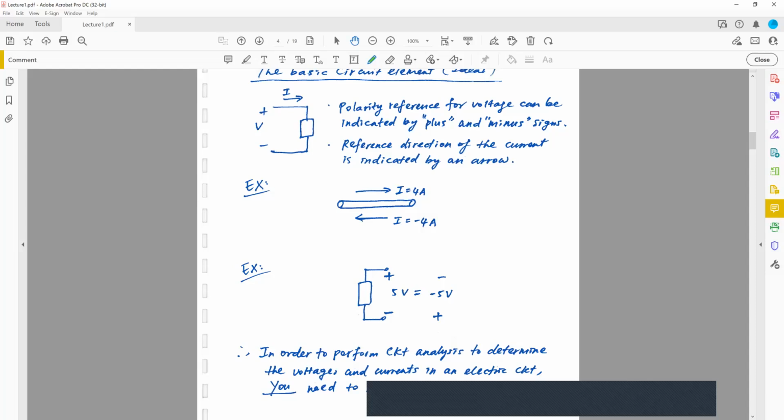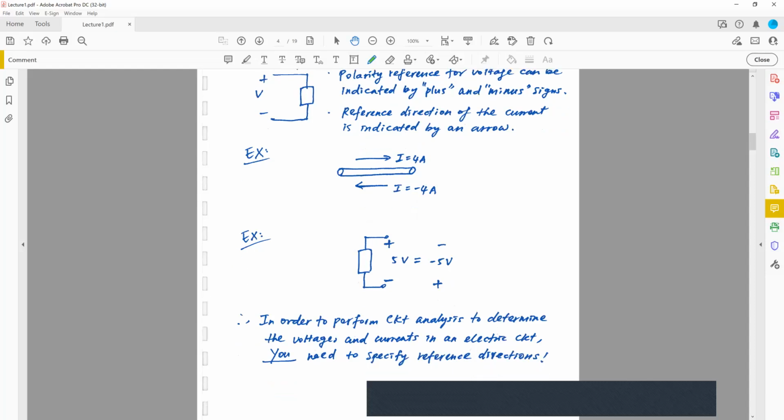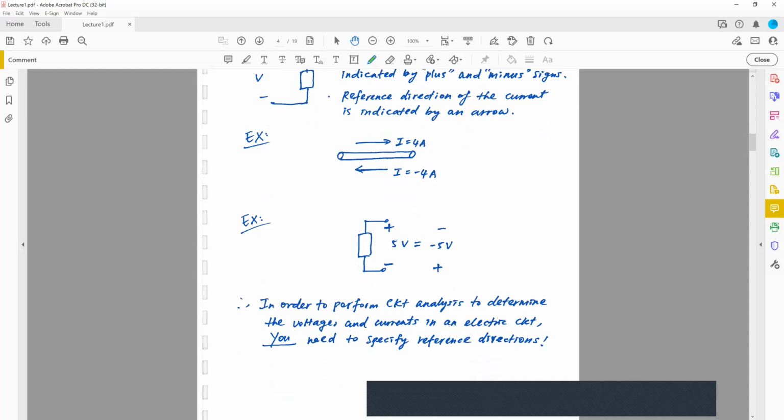Whatever this voltage is, I just need to attach a negative sign. So in this case, I have 5 volts, plus here and minus there. If I reverse the polarity, I have minus 5 volts. These two are the same, obviously. So again, in order for you to do your circuit analysis correctly, you have to specify the reference direction for the current and the polarity for your voltage.